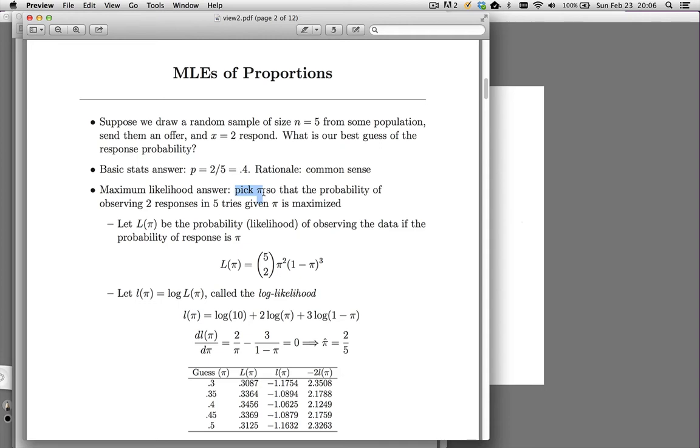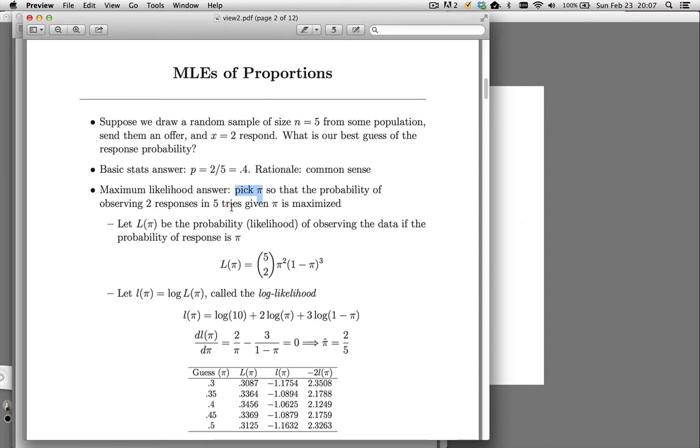Okay, so make the likelihood that we're going to observe 2 responses out of 5 tries as large as possible by picking pi. Now, if you think about it, a large value of pi, like 0.9, would imply that 2 responses out of 5 tries is not very likely. If pi really were 0.9, we'd expect more like 4 or 5 responses out of 5 tries.